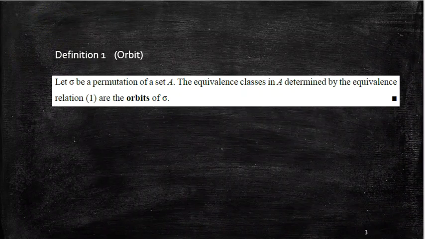Now we'll proceed to definition 1, which is orbit. An orbit is a subset of the permutation that cycles through one another.